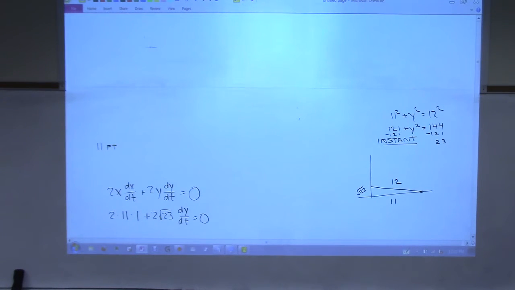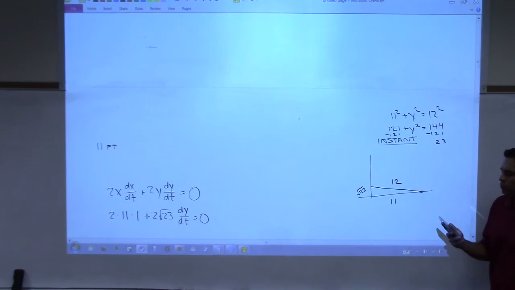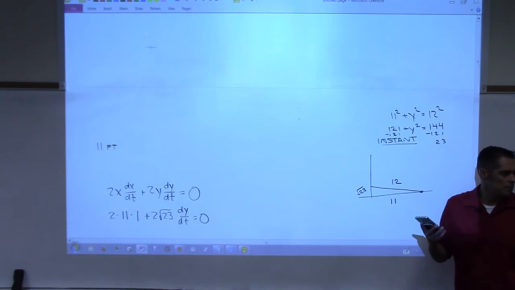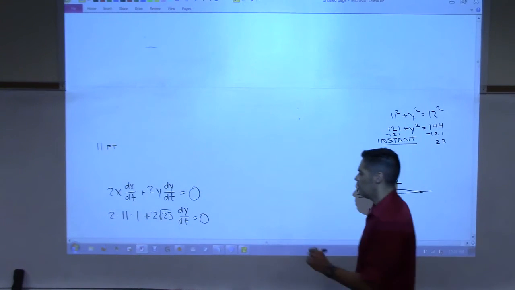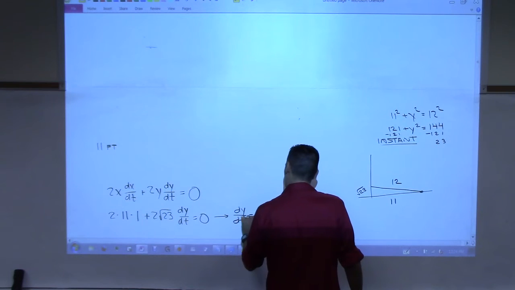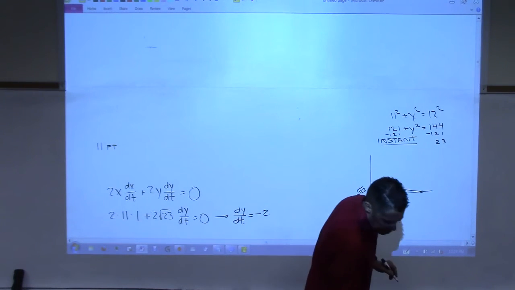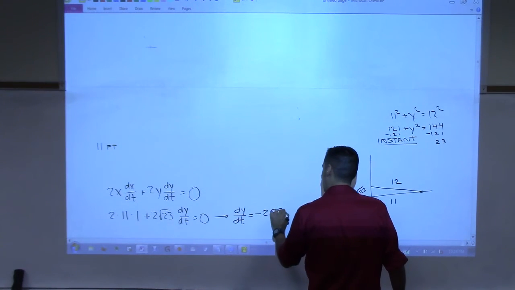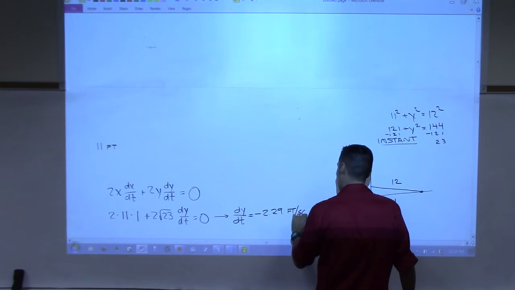Root 23 times 2 is 9.59. Real quickly on my calculator, I'm getting 2.29. Negative, sorry. I'm getting dy/dt is negative 2.29 feet per second.